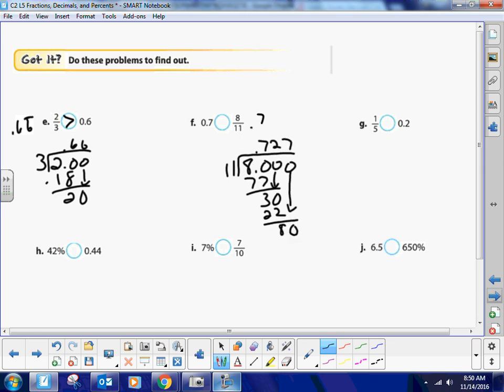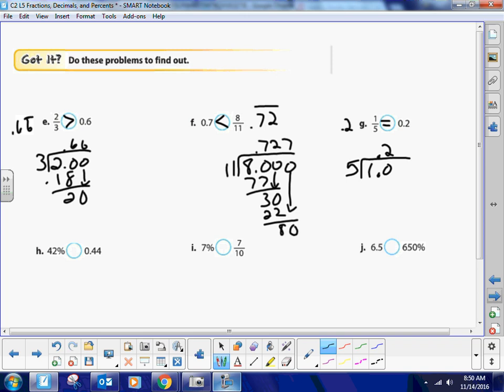So this is 0.72 with a bar over it. Okay? Now, again, something you should be able to easily recognize. That 0.7 is less than 0.72. Okay? So it'd be the less than symbol. Okay? 1/5. Again, you put the 5 on the outside, the 1 on the inside. You do the math, right? This is 0.2. Okay? These are equal.